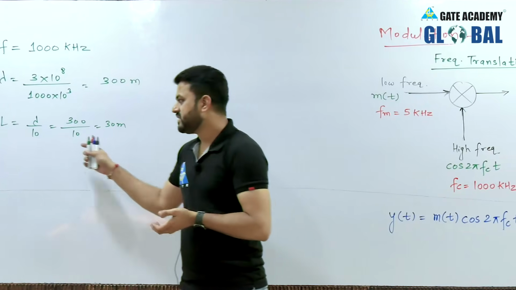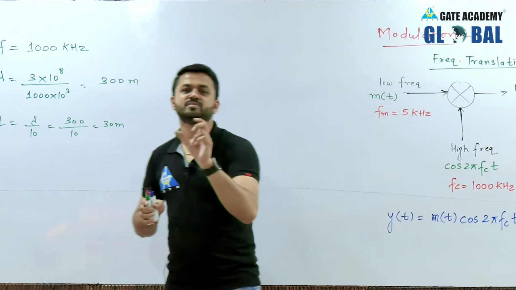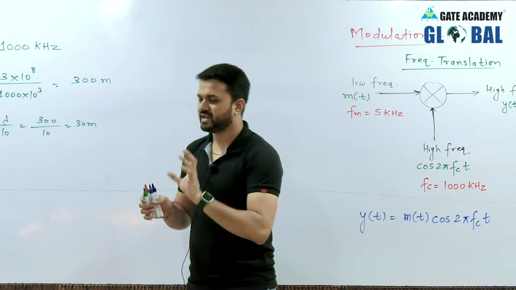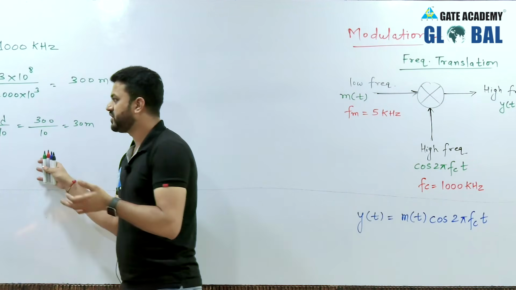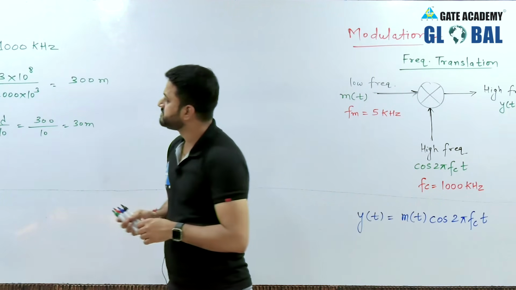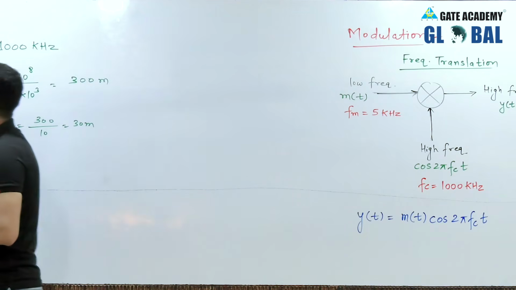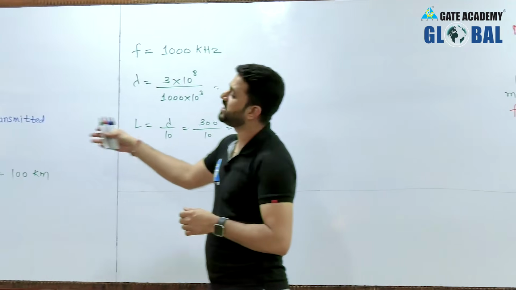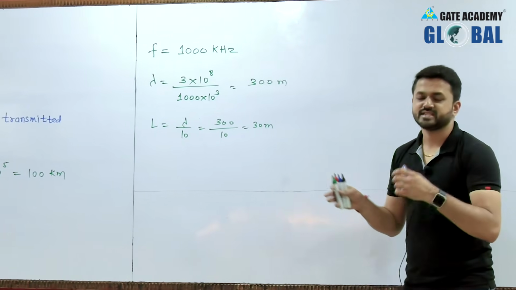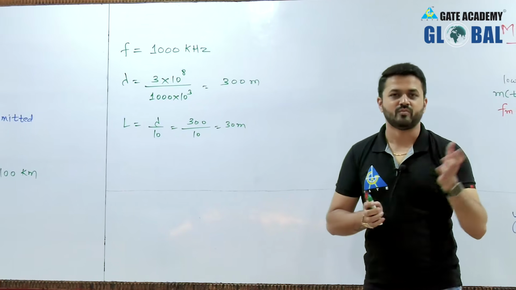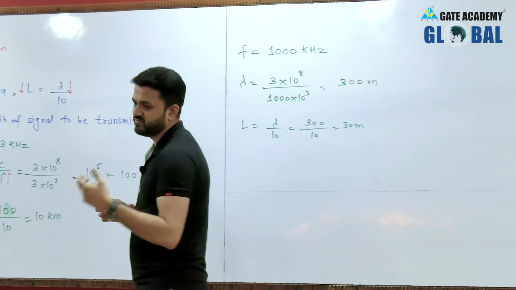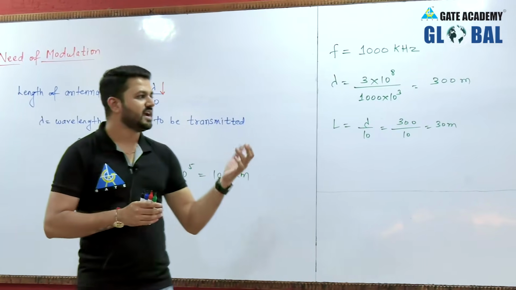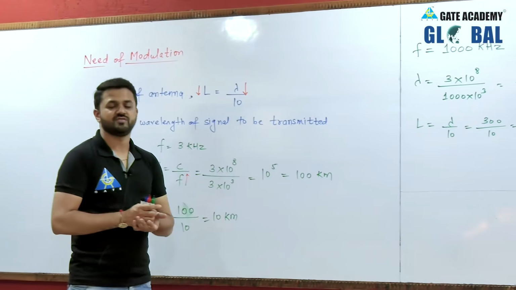There should be some high frequency, like megahertz, very high frequency or ultra high frequency, not in the range of gigahertz. In this way we reduce the height of antenna, and this is one advantage of modulation. This is the process in which we modulate the signal from low frequency to high frequency and take advantage of this process.